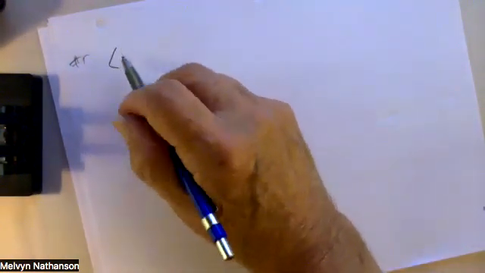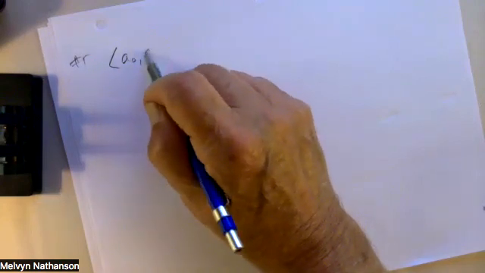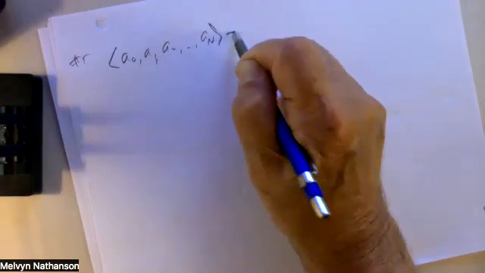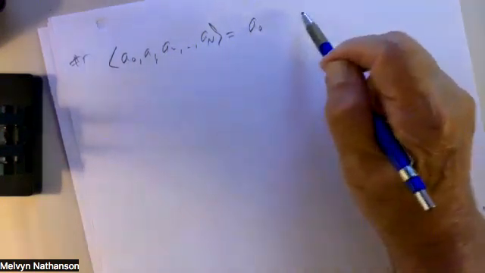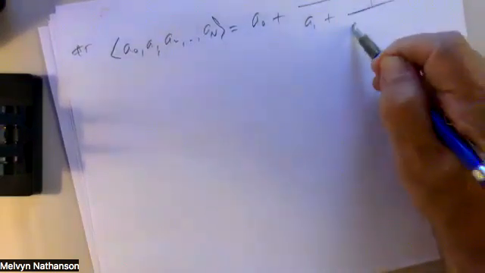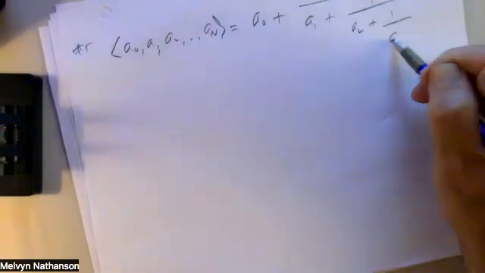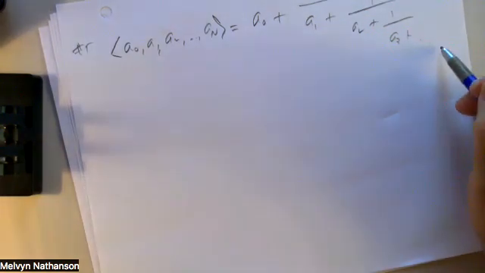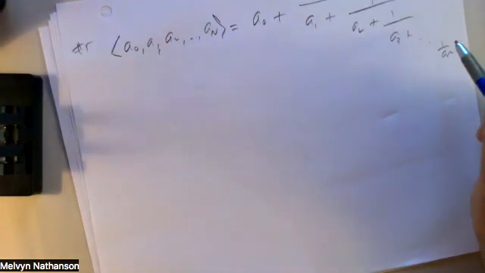If I have this continued fraction, it is defined to be A0 plus 1 over A1 plus 1 over A2 plus 1 over A3, going down to finally 1 over A sub n.